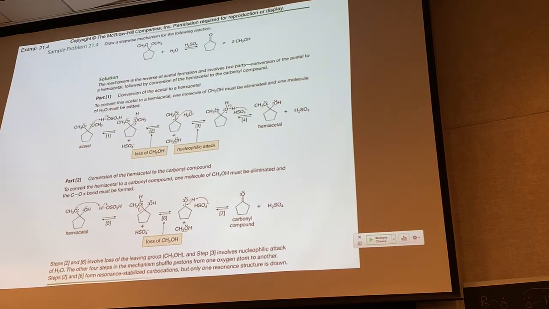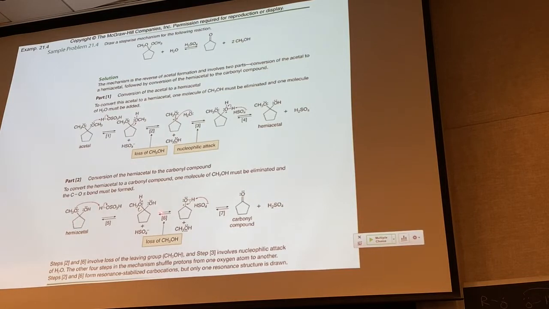If you are using acid as one of your reagents, it's going to be very, very rare to have a negatively charged intermediate, except for the conjugate base of that acid, right? That's the only negatively charged species you would have. So if we look at the intermediates we're getting here, other than that conjugate base: positively charged, positively charged, positively charged, right?